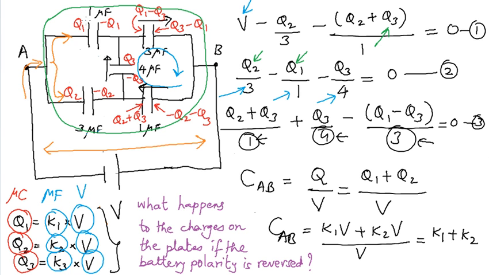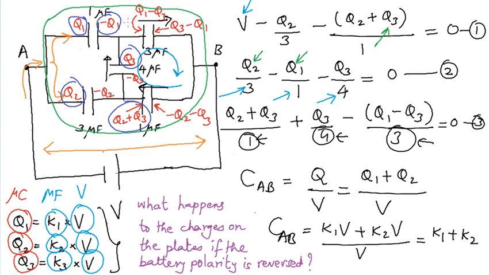Clearly, the charges on the various plates of the capacitors, like Q1 on this plate and Q2 on this plate and minus Q1 on this plate and Q2 plus Q3 on this plate, and so on and so forth, will undergo a change. But the question is, what type of change?